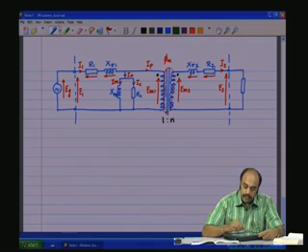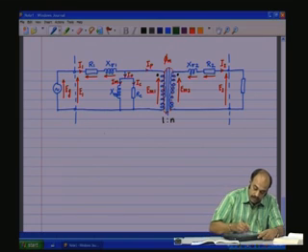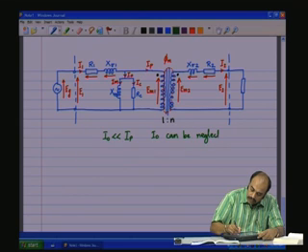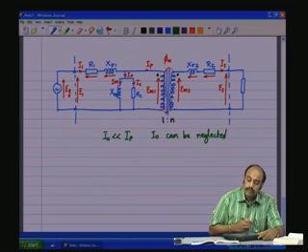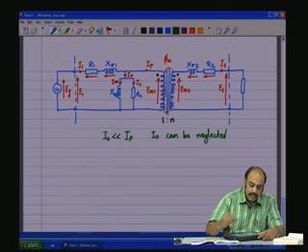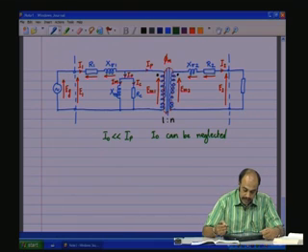IP is going to be I2 into n. I naught is going to be a very small percentage of IP. That is, I naught is going to be very less compared to IP, and therefore, I naught can be neglected. So, which means Xm and Rc can be neglected under full load conditions.